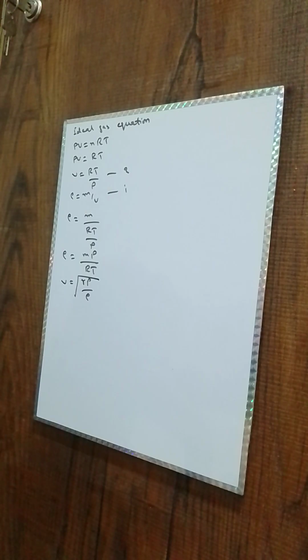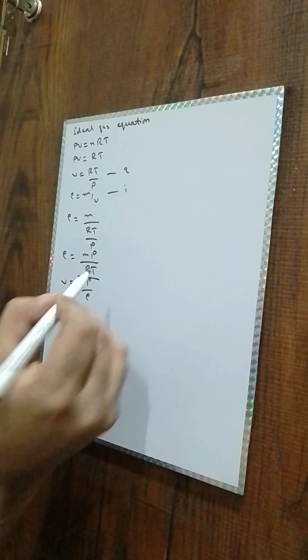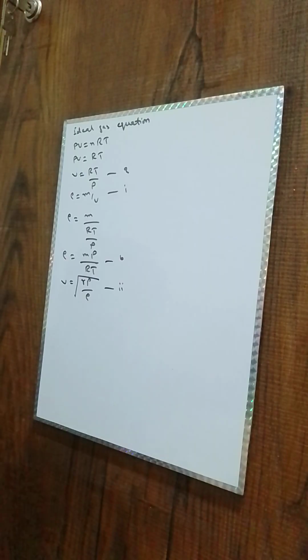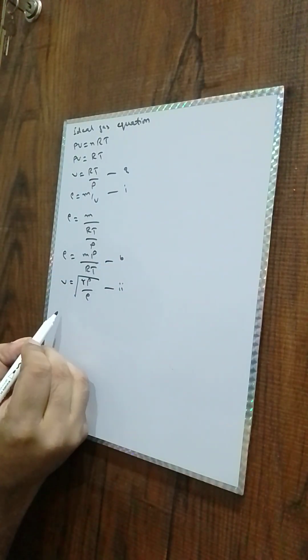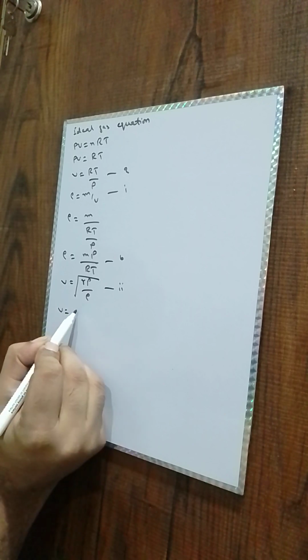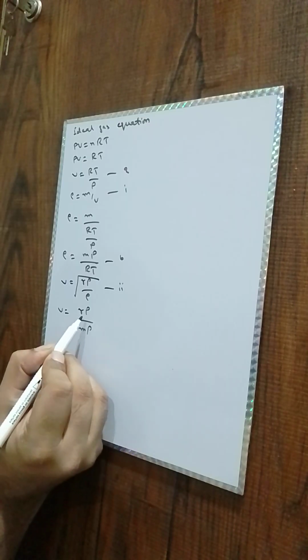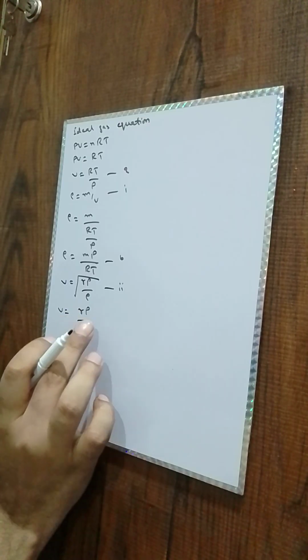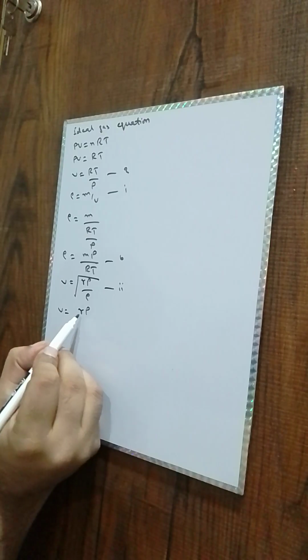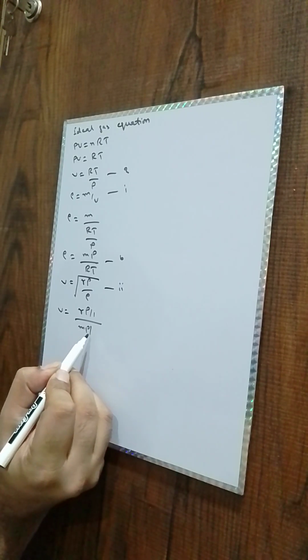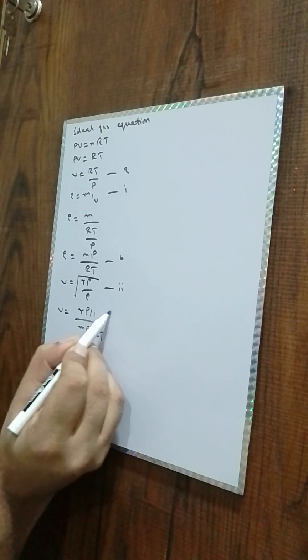And now we have the form for rho, which we can put here, the substitution B, into this, the form 2. So V is equal to root of gamma p by mP by RT.